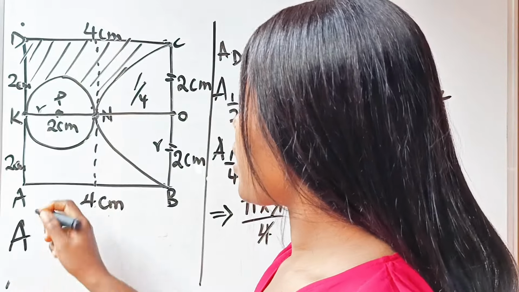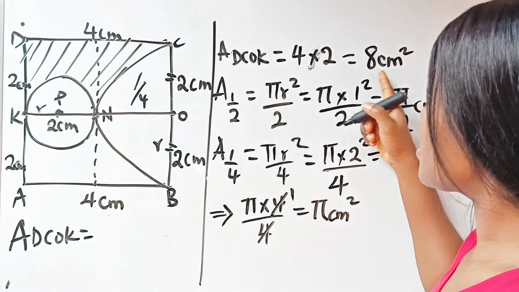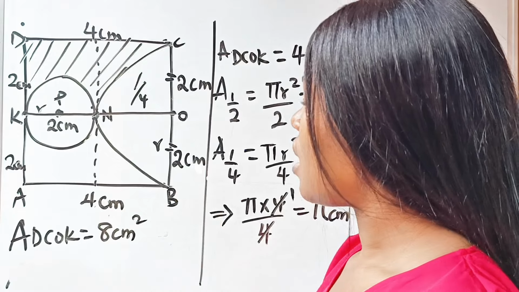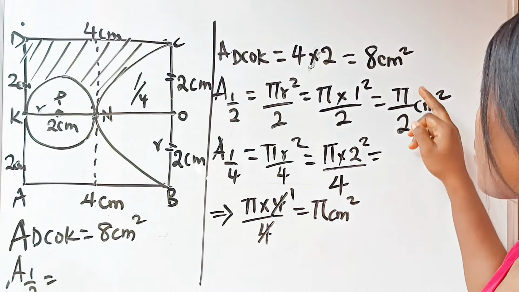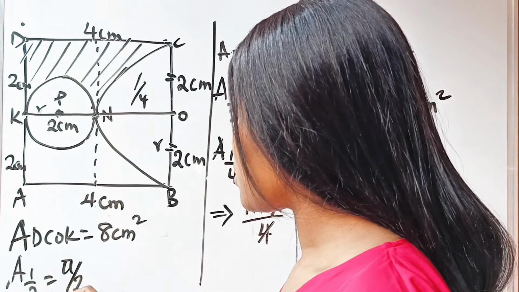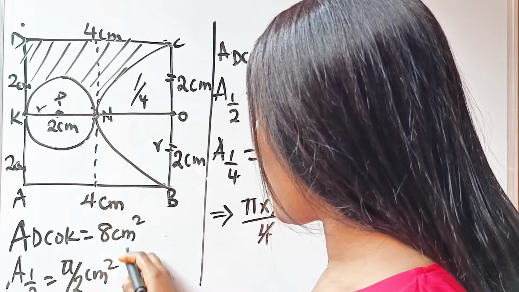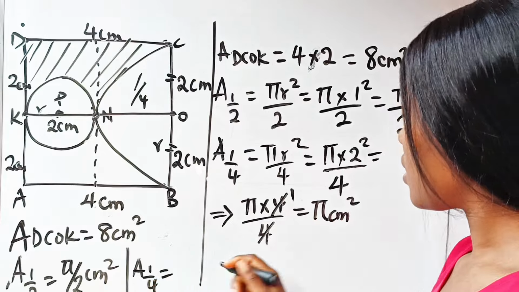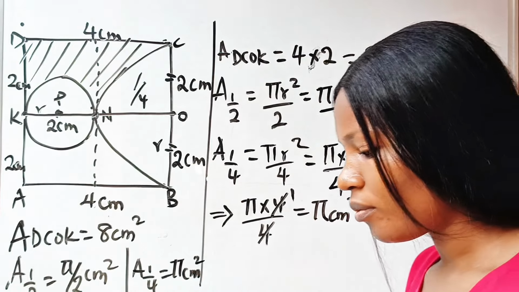So area of the rectangle DCOK is 8 centimeter squared. Area of half circle is pi over 2 centimeter squared. And then area of the quarter circle is pi centimeter squared.